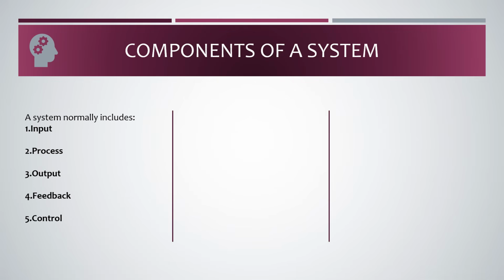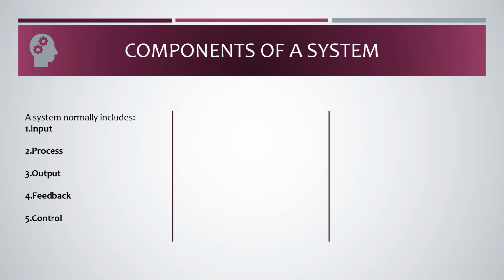Now let's talk about the components of a system. Whenever we talk about the components of a system, systems normally include a few very basic things, and these are five things: input, process, output, feedback, and control. We will provide an input to the system.